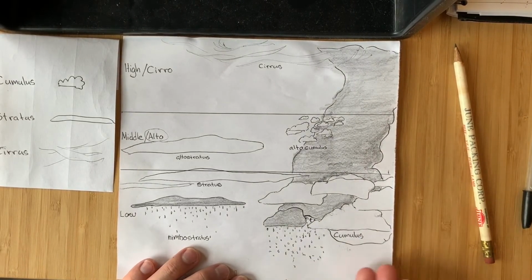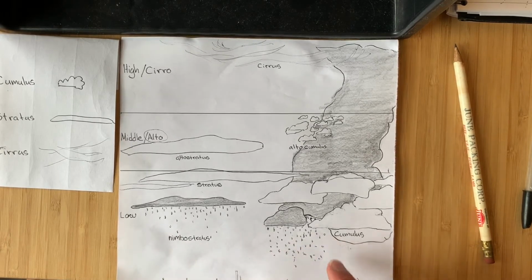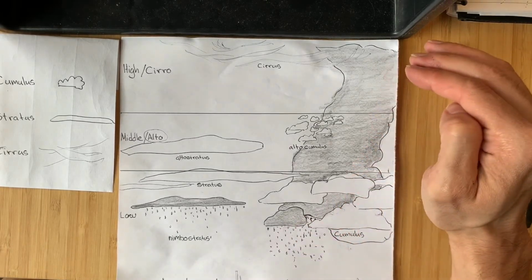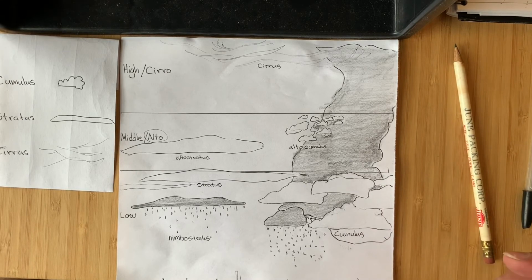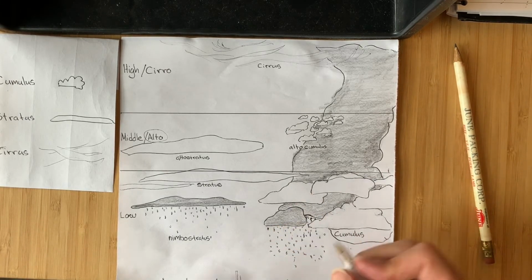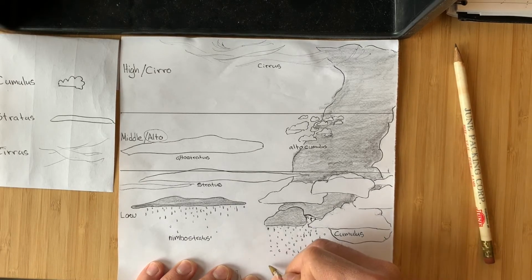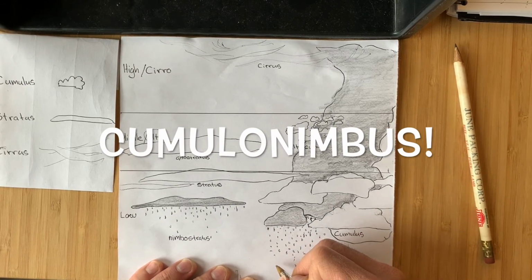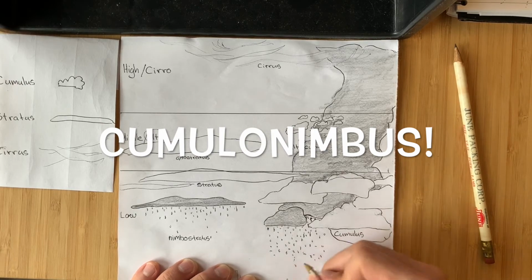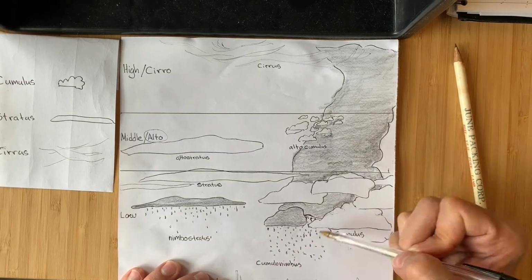All right, so check this out. I just drew this big cumulus cloud that is going to be able to rain. So this, of course, gets a new special name. You ready for it? It is cumulonimbus, a long word, but very cool. And that's the name we give for big rain clouds.